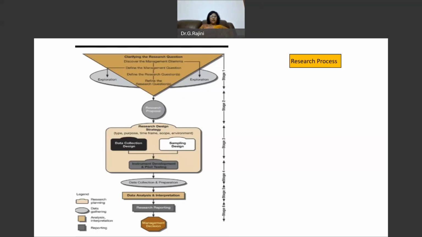Okay, so then before even starting up with the main study, we do a pilot study as well, and find out whether the instrument what we have developed is worth enough. Is it reliable enough to take it forward to collect data from the entire sampling frame.